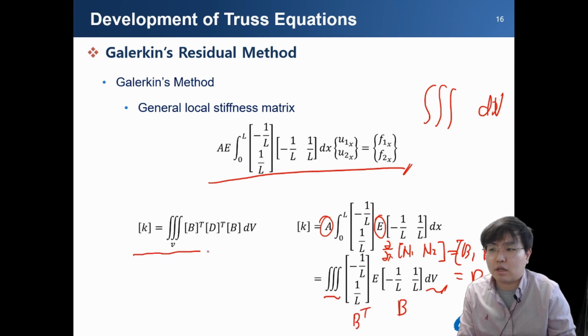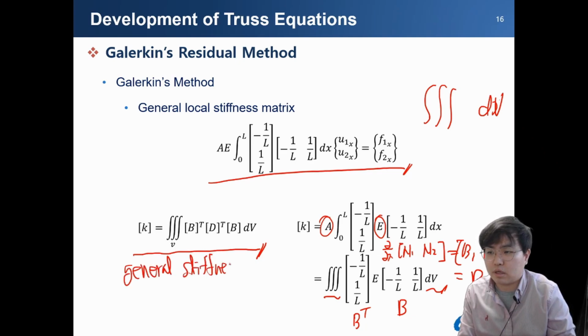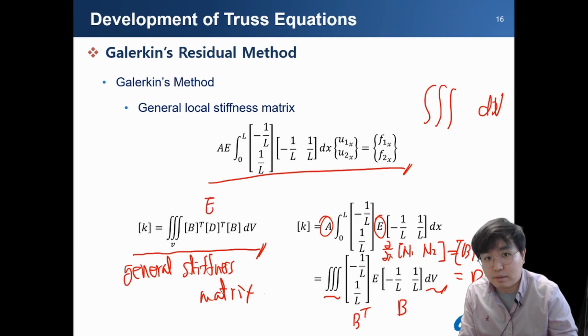So here this is the general stiffness matrices. D is the Young's modulus or stiffness matrices depending on your system, and B is the derivative of the shape function.